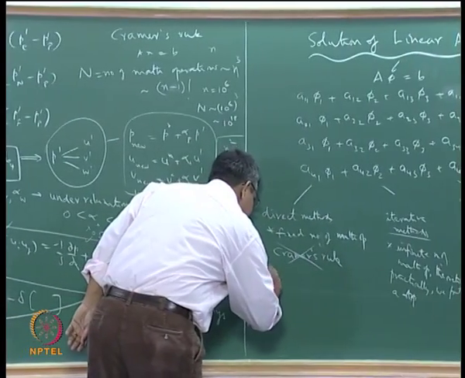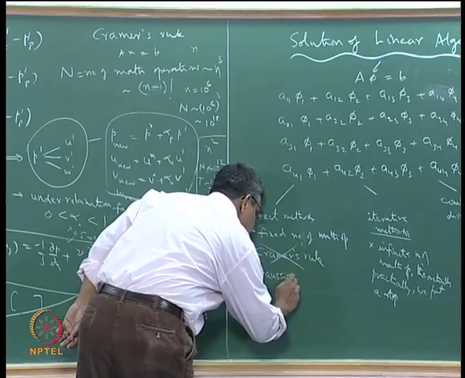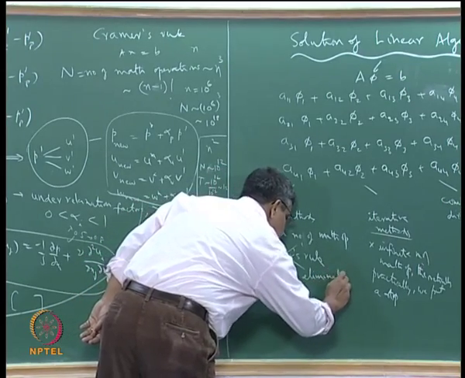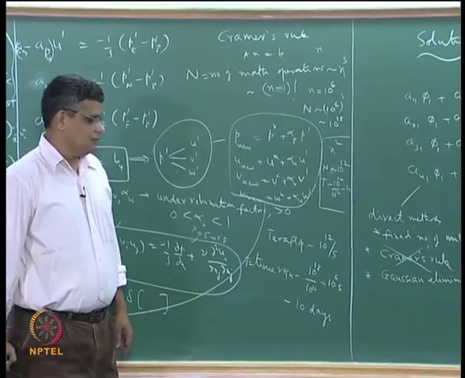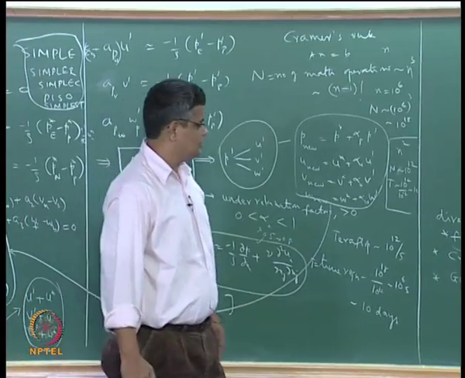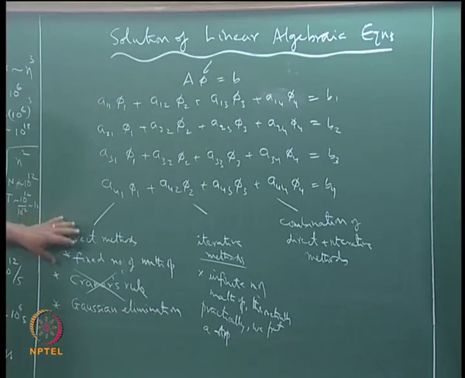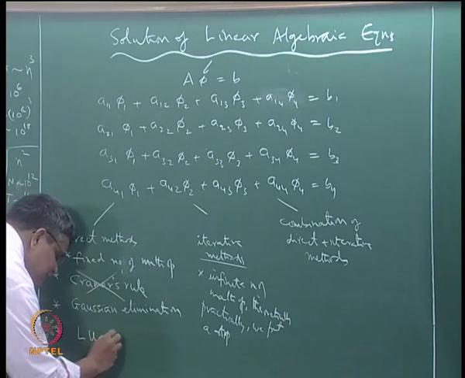Gaussian elimination is one very good way of solving a system of equations, and this is a direct method. You have a finite number of operations at which you get a solution. And we have another method, again LU decomposition.